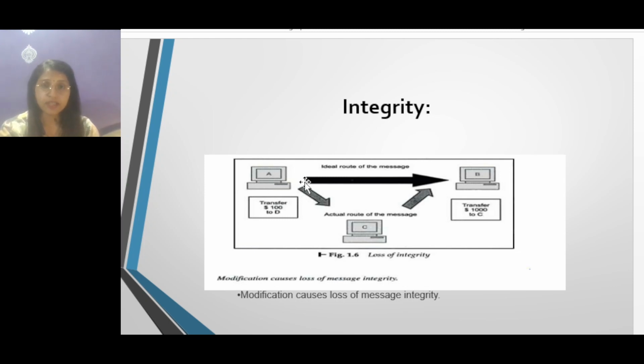The sender was sending to D, but the intruder made intentional changes, to $1,000 and to C. So the receiver, bank B, will think that it was received from A to transfer to C, so it will transfer that amount.